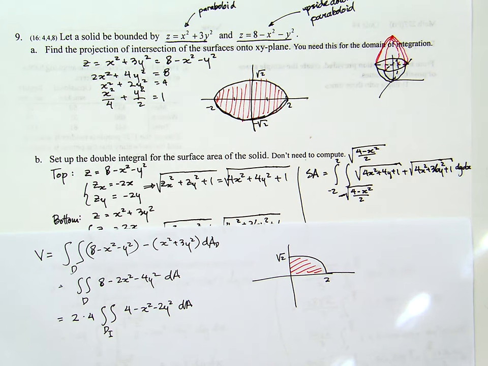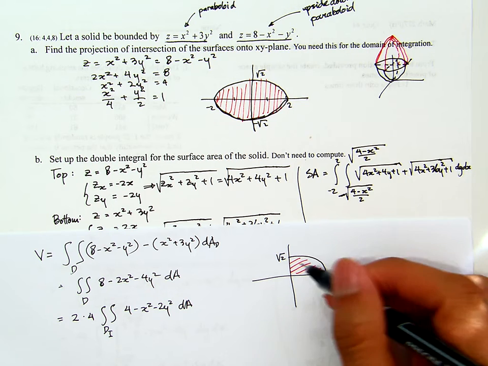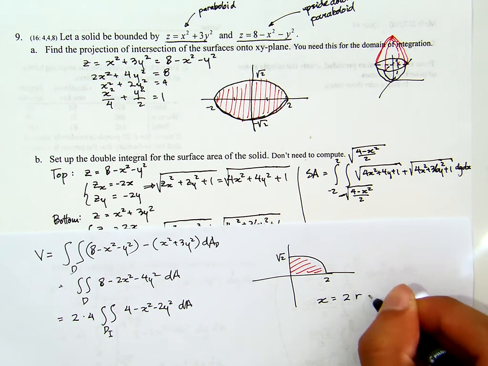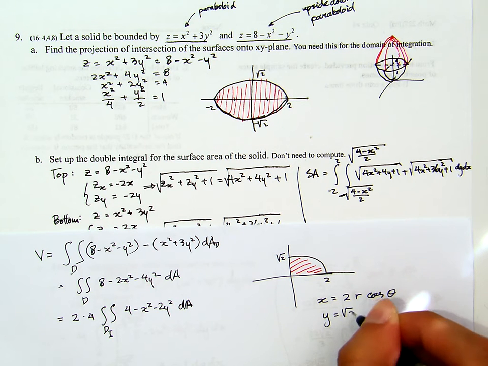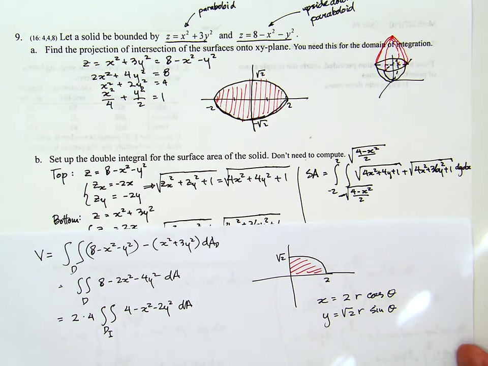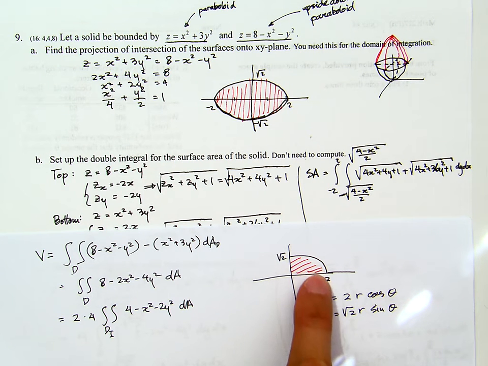Because this is part of an ellipse, we can reparameterize this region by x equals 2r cosine theta and y equals radical 2 r sine theta. Now it is not 2 cosine theta. If you use 2 cosine theta and radical 2 sine theta, you will only get the arc, the boundary only.